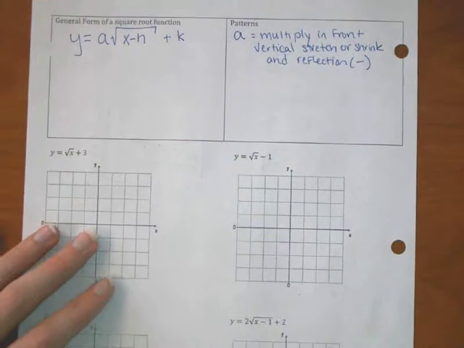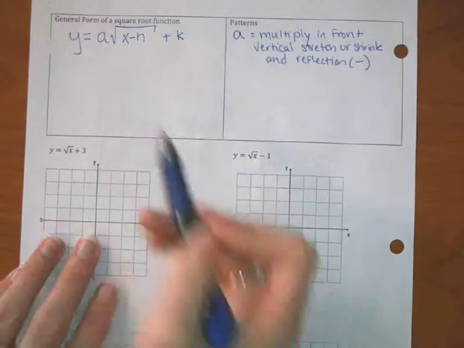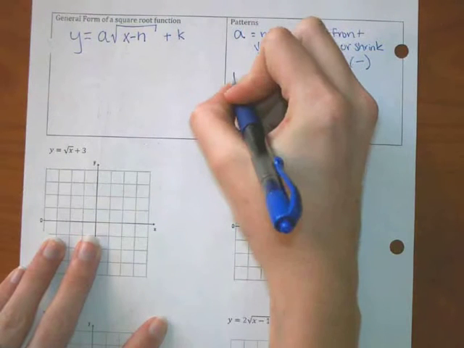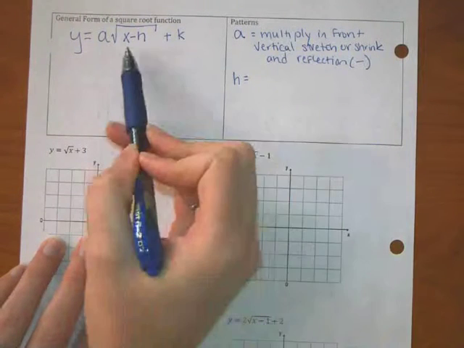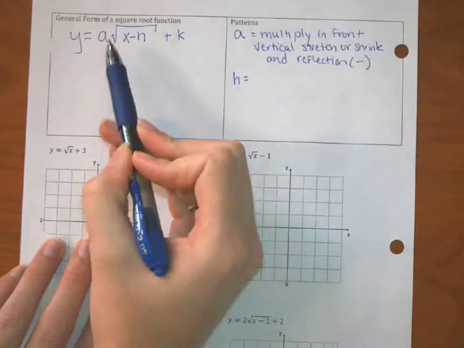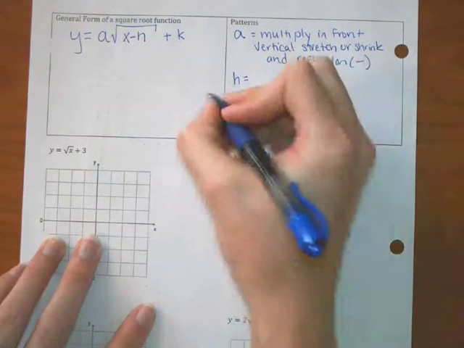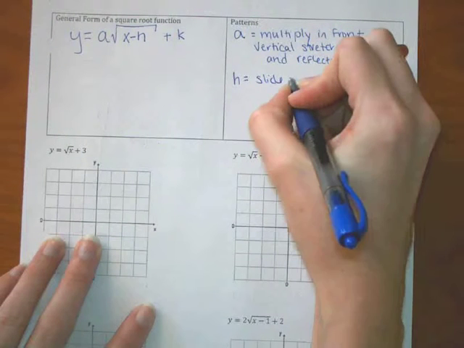Okay. There's 2 other ways that we're going to be able to change this function, and it's with this h and our k here. First one we'll talk about is our h. If we have an h, which is something being either added or subtracted inside this radical, notice it's under the radical sign, this tells us to slide left or right.